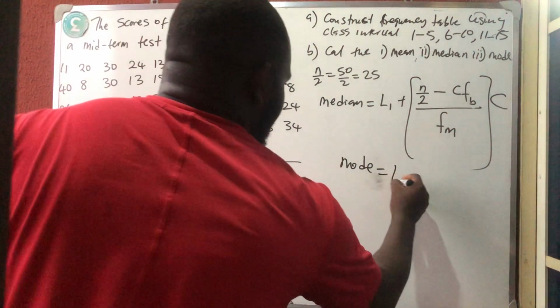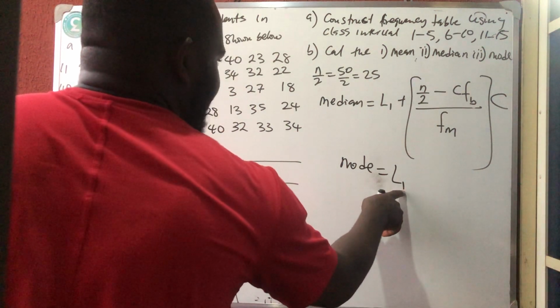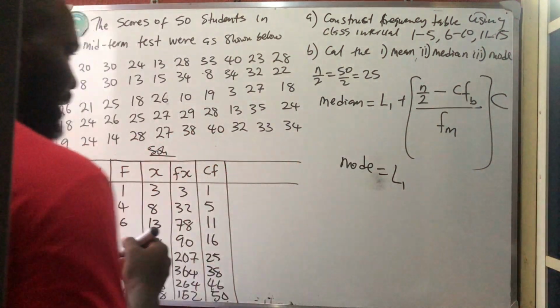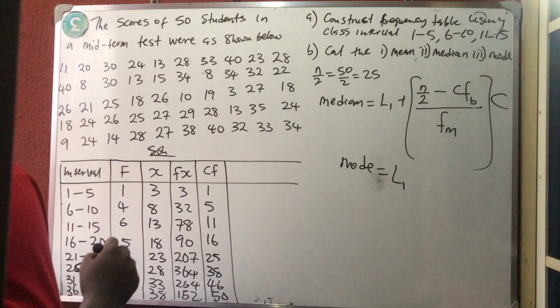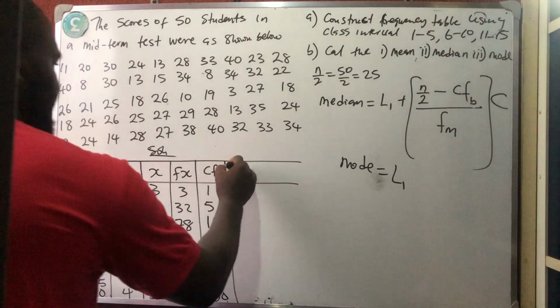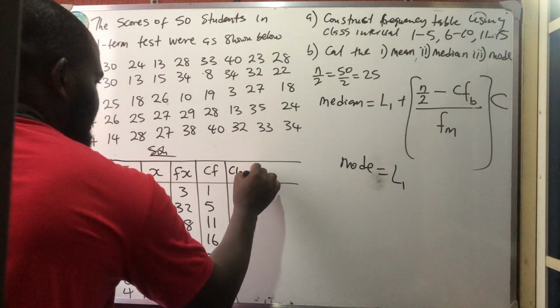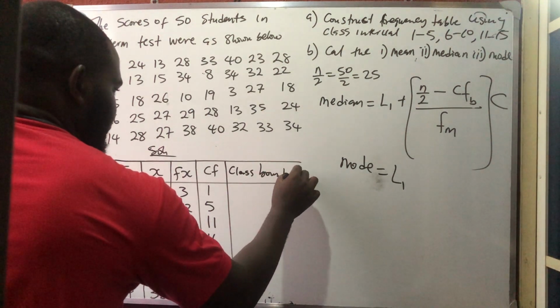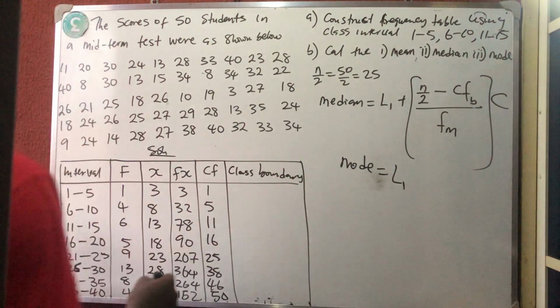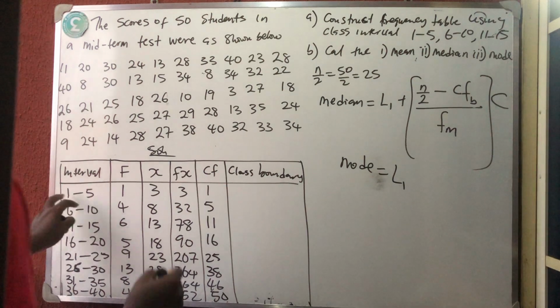We need L1, the lower class boundary. Don't forget that class boundary is simply subtracting 0.5 from the lower limit and adding 0.5 to the upper limit.